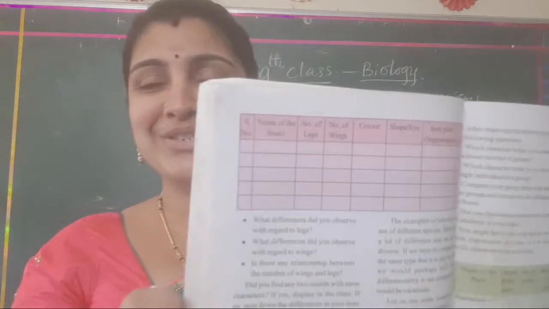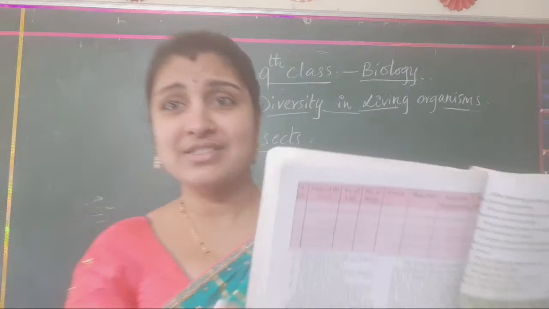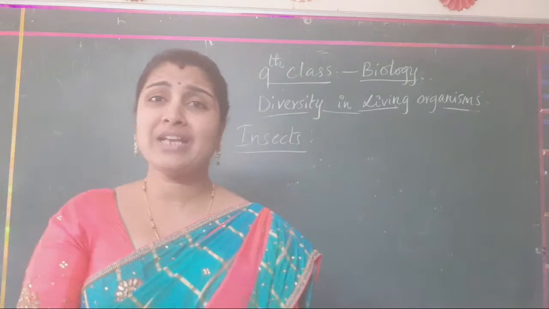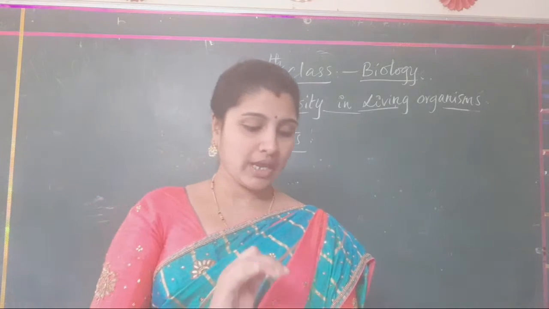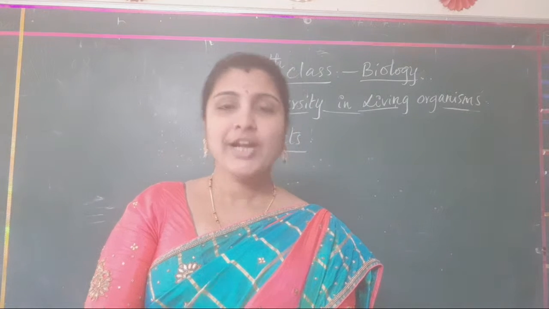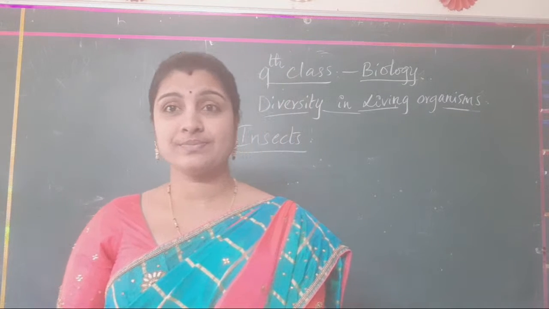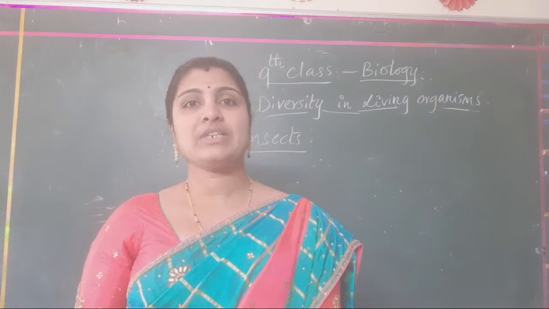This table you have to fill up. 2 wings or 2 pairs of wings? 2 wings and 2 pairs are different. Okay, you have to fill this up. And the next, activity 6.